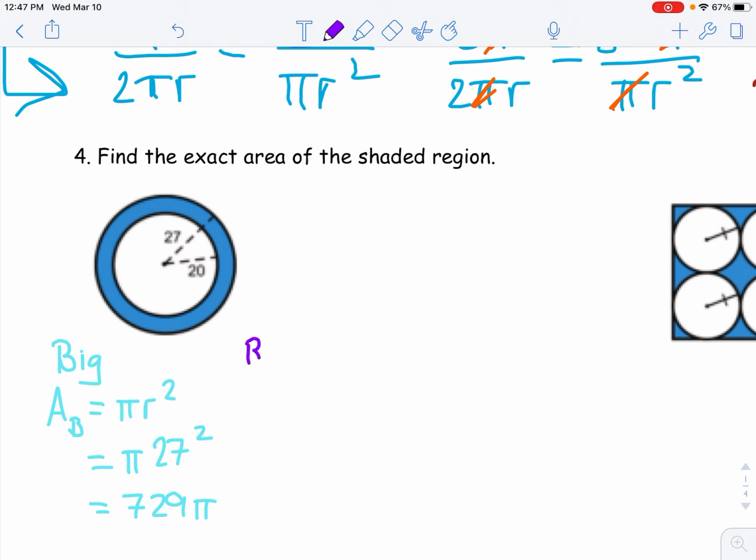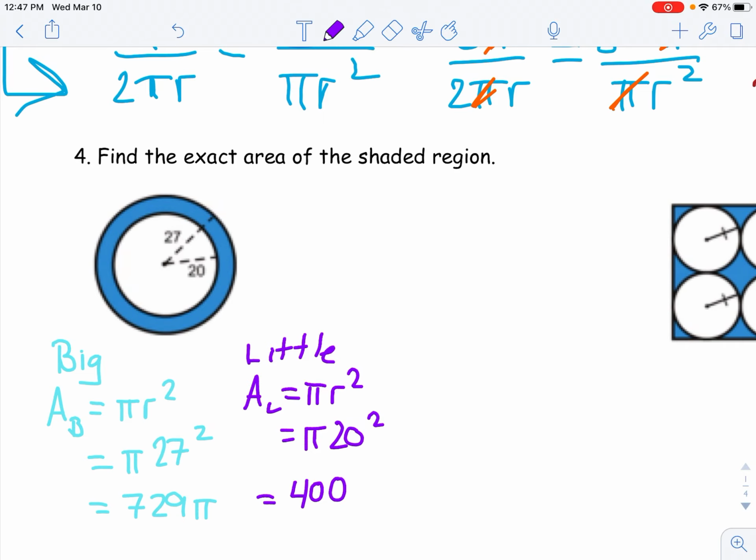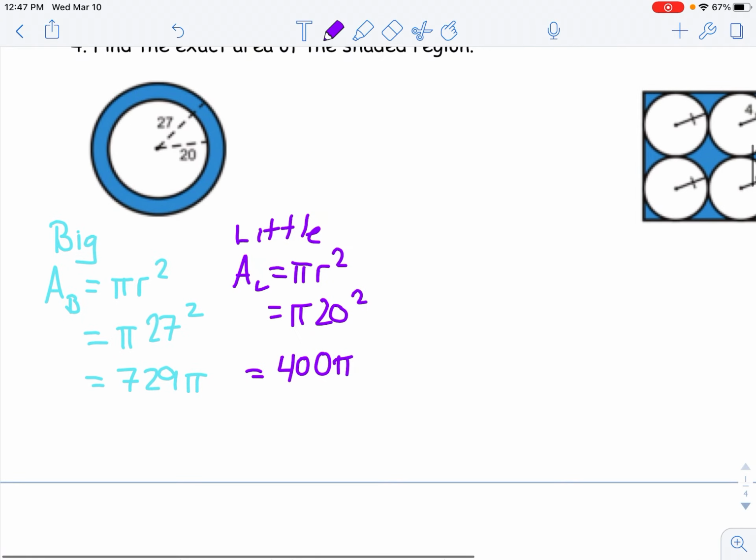Then we have the little circle. The area of the little circle is pi r squared. We get pi times 20 squared, 400 pi.